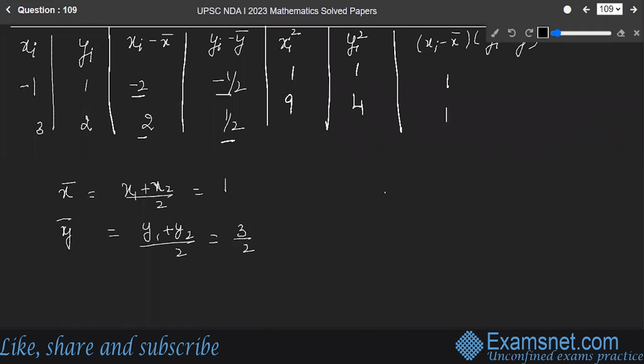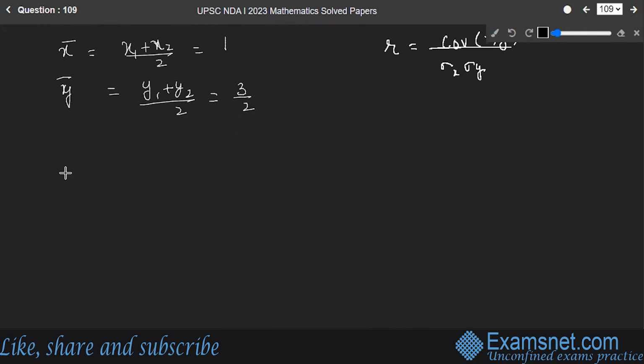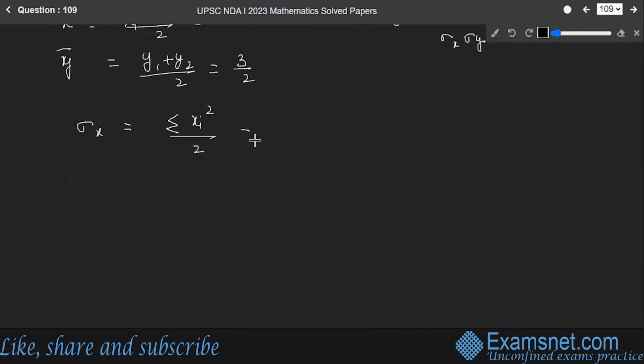Now, r is given by covariance of x and y divided by the square root of variance x multiplied by variance y. Variance x is given by sigma xi square upon 2 minus x bar square.